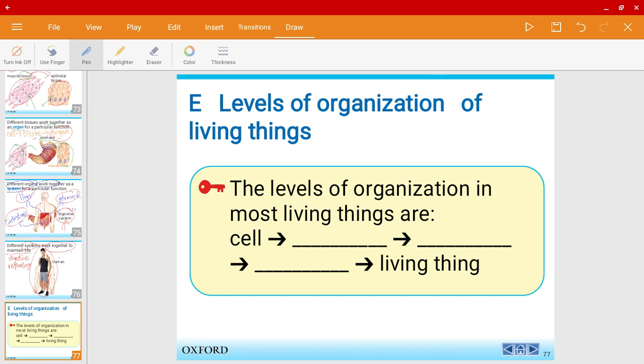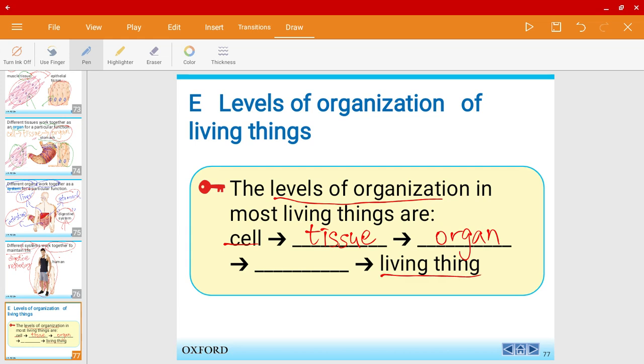All right, so just to wrap up, just now I showed you the levels of organization. So the levels of organization in most living things are, from a cell, you get, what is it? Yes, you get tissues. And from tissues, you get organ. So the cell is the smallest level of organization, and the living thing will be the highest.